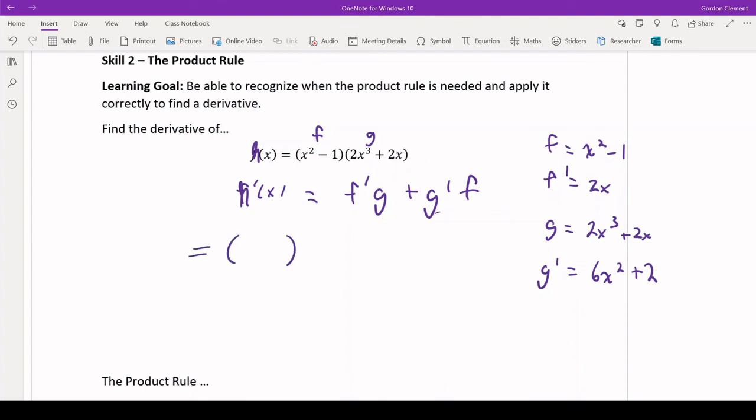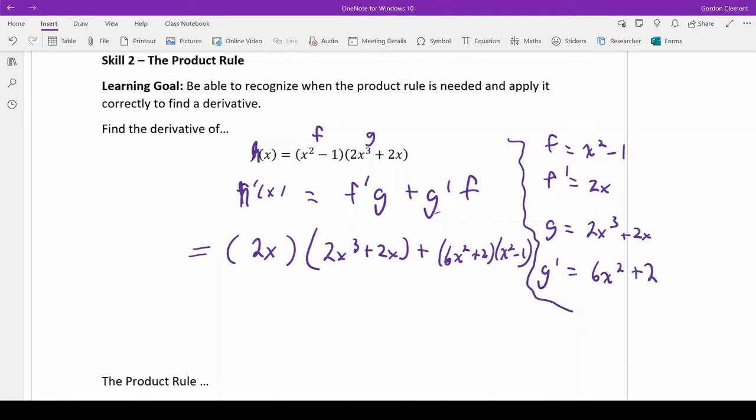And then I'll put the pieces together in the way that they go. 2x times g, 2x cubed plus 2x, plus g prime, there's the 6x squared plus 2, times f, x squared minus 1. So that is in fact the derivative of that function.